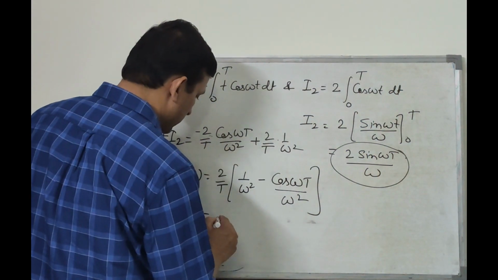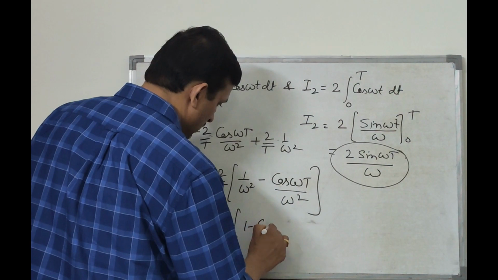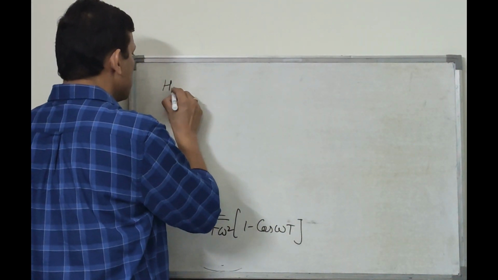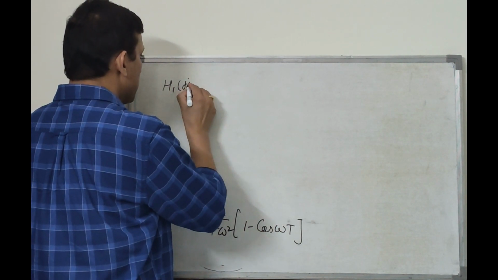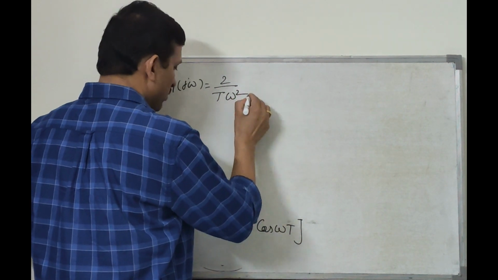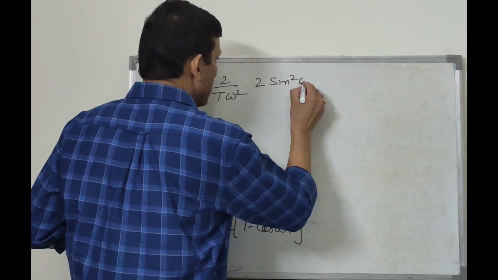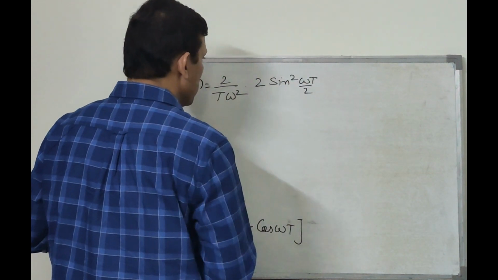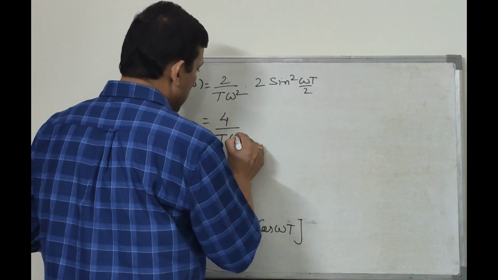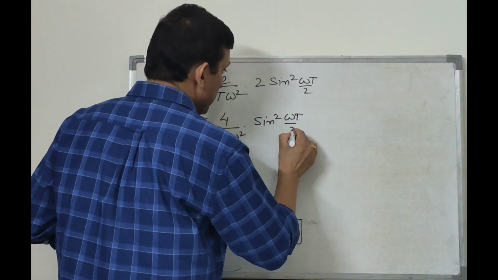Let's take omega square outside: 2 upon t omega square, times 1 minus cos omega t. Then the Fourier transform of the first order hold H1 j omega will be 2 upon t omega square, and this will be 2 sin square of omega t divided by 2. That means it is 4 upon t omega square, sin square omega t by 2.